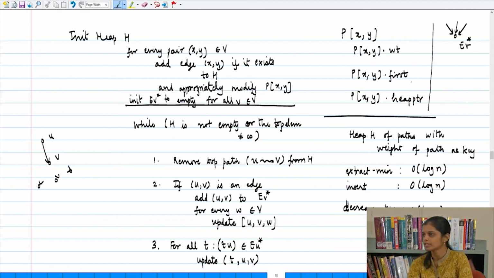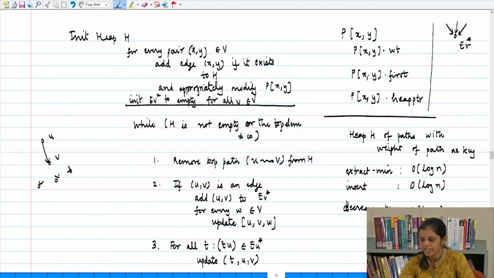Any questions about this? So I will reiterate what the algorithm is. We are going to start with an estimate for every pair. For every pair, the weight of the path is set to the weight of the edge, the estimated shortest path weight. The first is set to the endpoint of that edge. The heap pointer is appropriately initialized, and for all the pairs where the edge is not present, this weight is set to infinity, right.